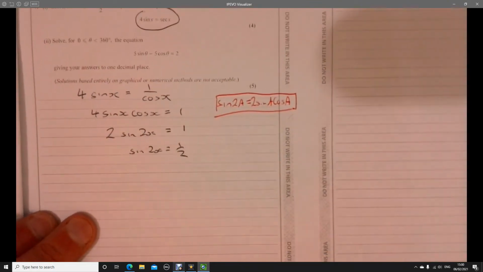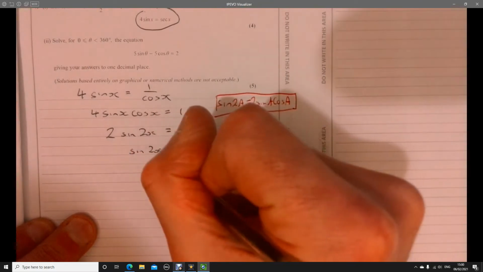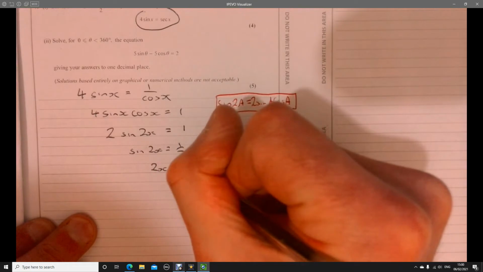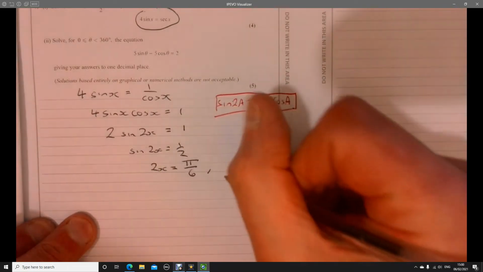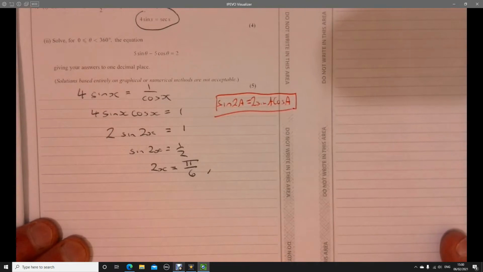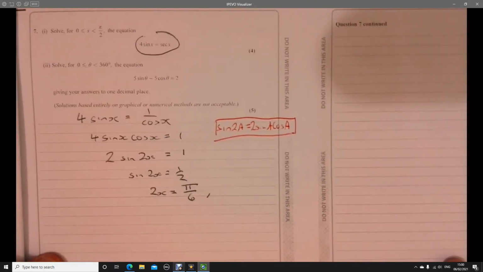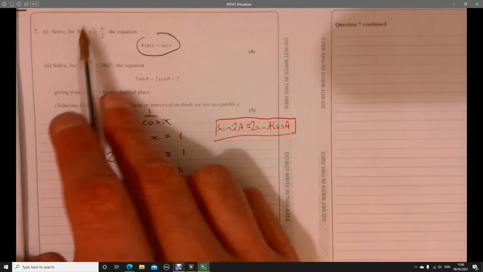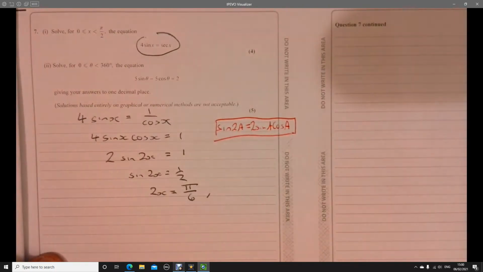This inverse sine, and we get 2x is equal to, so we're working in radians, pi over 6. Now remember here, just think about how many solutions we might possibly have. It tells me to solve between 0 and pi over 2.